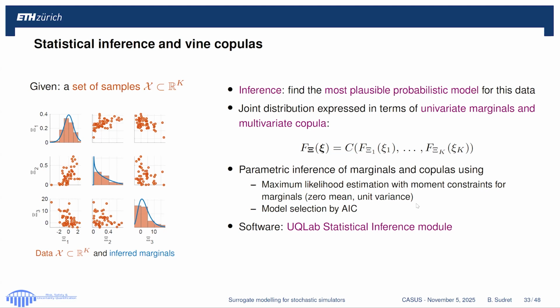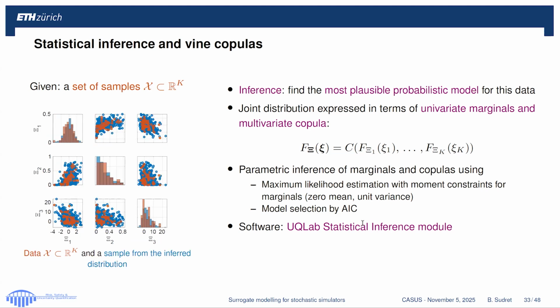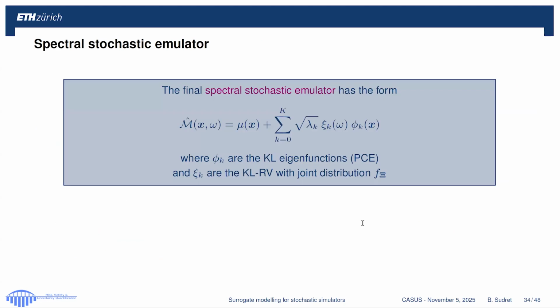And then we can typically do some parametric inference, select between different models, and compute the copula. Again, nothing very new here, but we use our software for doing this inference, but any software that does multivariate inference would work. And in the end, that's how we get this so-called spectral stochastic emulator.